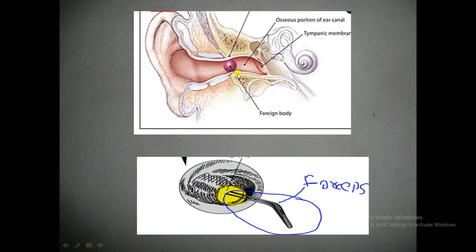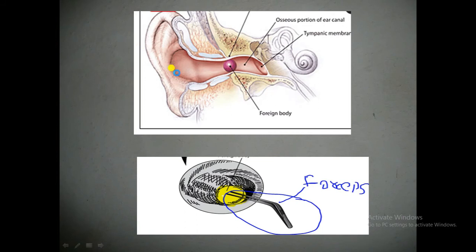First the physician will examine the ear to find where the foreign body is exactly, and sometimes the physician will also use the microscope. Suppose he is unable to see with the naked eye, he will use the microscope so that he can visualize the proper location of the foreign body in the external auditory canal.